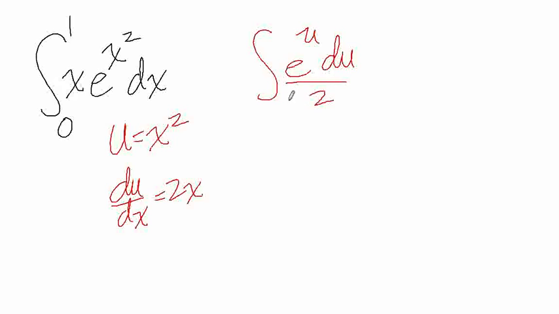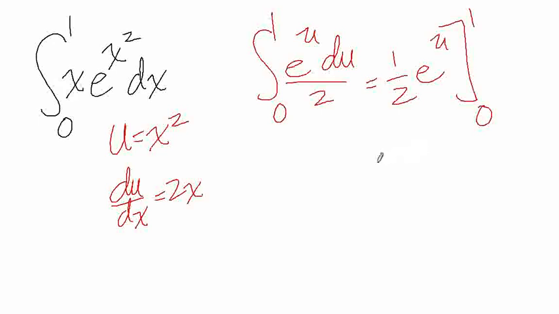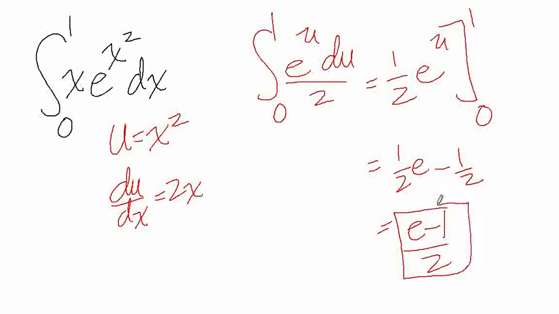And that's equal to 1/2 of e to the u evaluated at the difference of what I get when I evaluate that at 1 and 0. So let's see, 1/2 of e minus 1/2 gives e minus 1 all over 2.